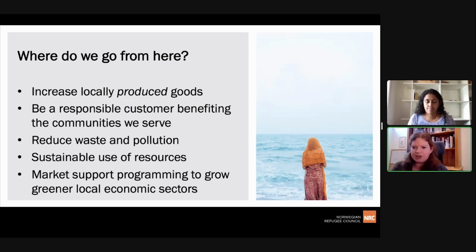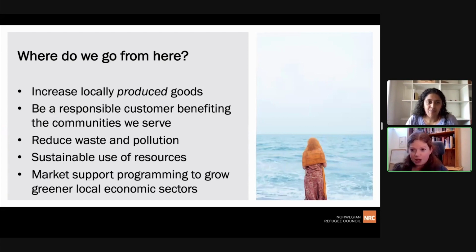Once we distribute them, their usage and how they're maintained, their end of life, and how they can be disposed of or recycled or reused. Taking more responsibility for all of those things enables us to rethink how we do procurement.